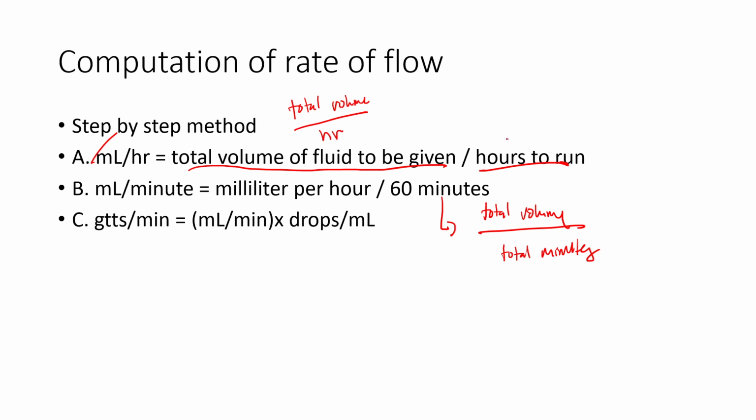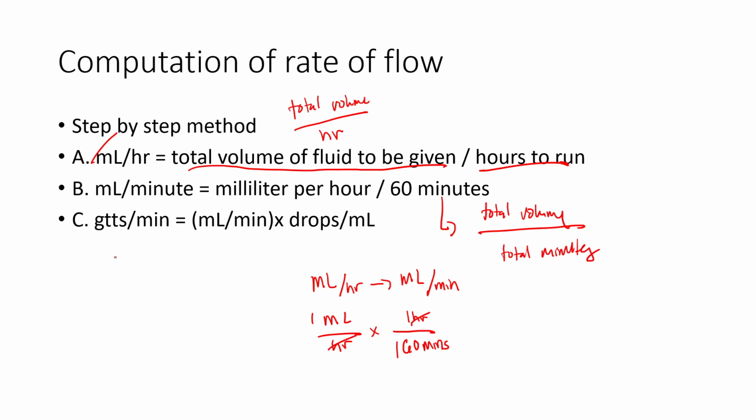Sometimes you need to convert ml per hour to ml per minute. It is quite easy. Simply multiply by 1 hour is 60 minutes, so the hours will cancel out and you will have ml per minute.